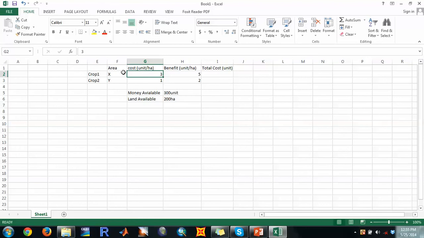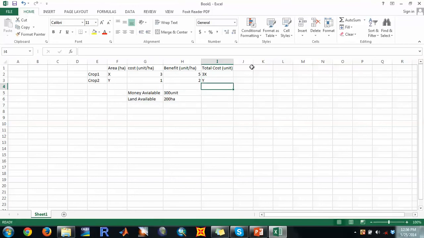If the area is given in hectares and you multiply area by the cost, hectares will cancel, and we have the total cost of the crop. So the total cost of crop 1 is going to be 3x, and the total cost of crop 2 is going to be 1 times y, which is y.